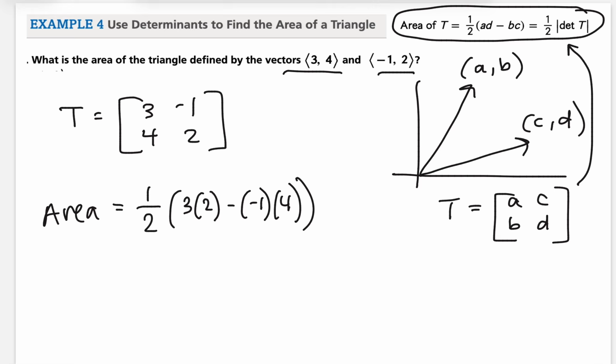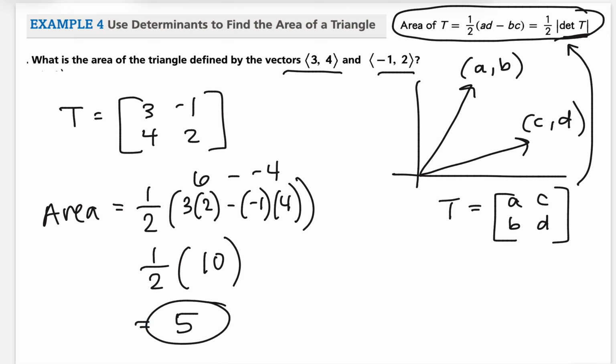Basically that's just taking 1/2 times the absolute value of the determinant of T. So we get 1/2 times, this is 6 minus negative 4, which is 10. So 1/2 of 10 would be 5. That tells us that the area of this triangle defined by those vectors is 5.